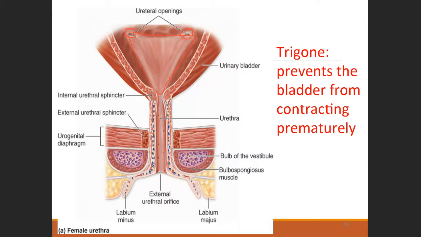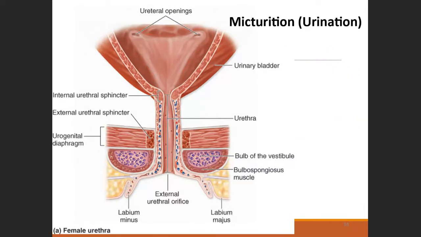Basically, the bladder can't contract and void urine from the bladder until it's gotten full enough. So you get an adequate amount of urine in the bladder, you stretch the trigone, and that's going to allow bladder contraction, and therefore the elimination of urine from the bladder that we'll now call micturition.